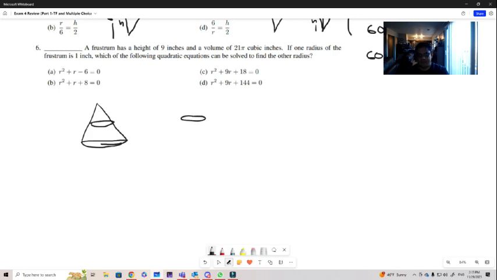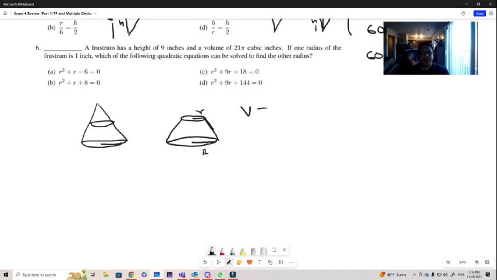So that is the frustum. It's going to be something like this. And so that, by definition, is going to have 2 radii. One radius at the top, one radius at the bottom. And so let's say that we have the big R here and we have the small r here.